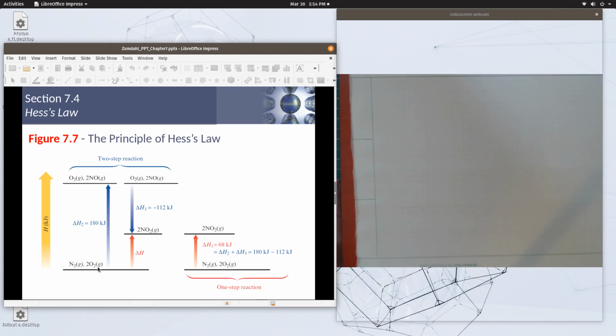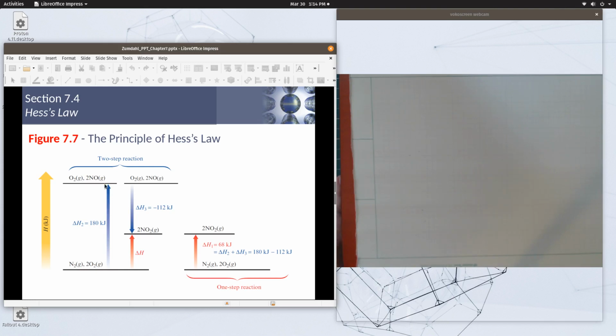In general it depends upon the pressure and the state of the system, but they're in some thermodynamic state. If they happen to be at a standard state, then I could say I have a standard enthalpy for N2 gas, a standard enthalpy for 2 O2 gas, and if I do this first reaction, I require so much energy.